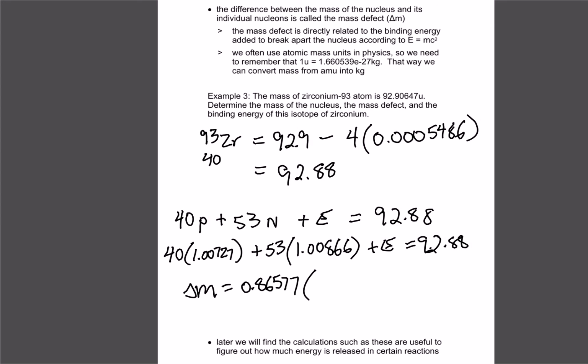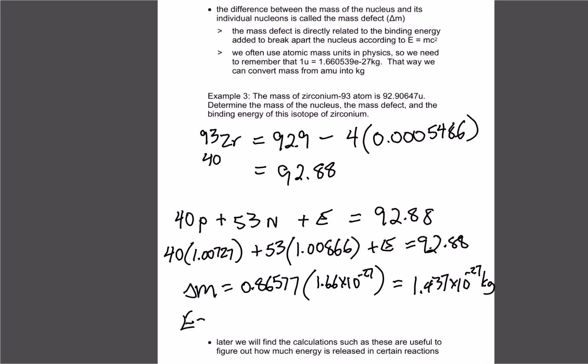Let's times that by the mass of one atomic mass unit, which is 1.66 times 10 to the negative 27, and that gives us 1.437 times 10 to the negative 27 kilograms. It doesn't seem like much, but it's close to like half a proton or something like that. So that's the amount of mass that was lost in the transfer.